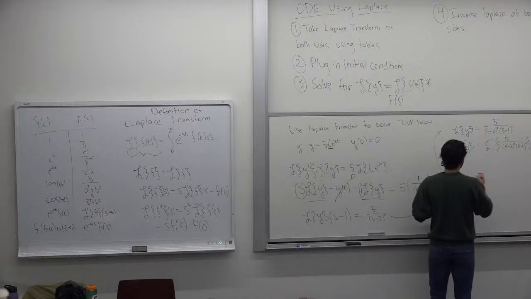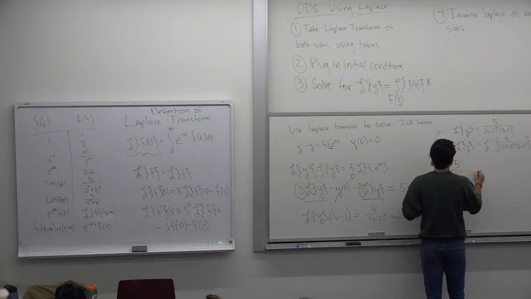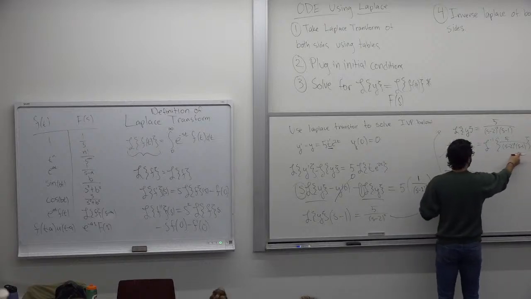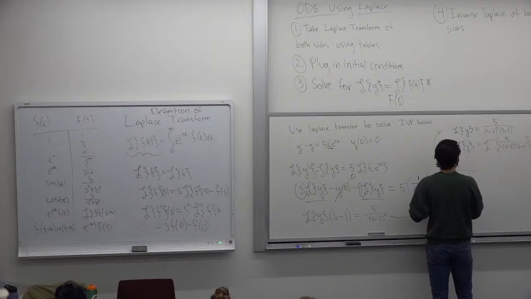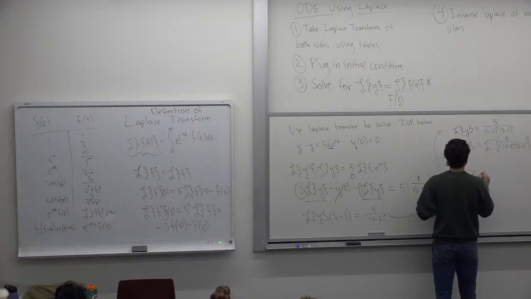All right, so we're going to set this partial fraction up: s minus 2 squared, s minus 1.